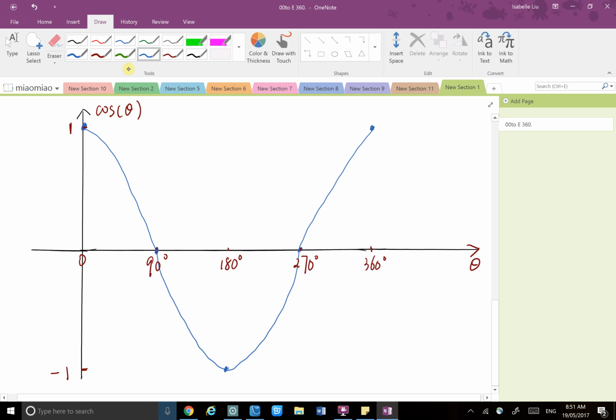So you will have coordinates 0, 1; 90 degrees, 0; 180 degrees, -1; 270 degrees, 0; and 360 degrees, 1. It should be symmetrical, but my sketching is not very good, so this doesn't look quite right.